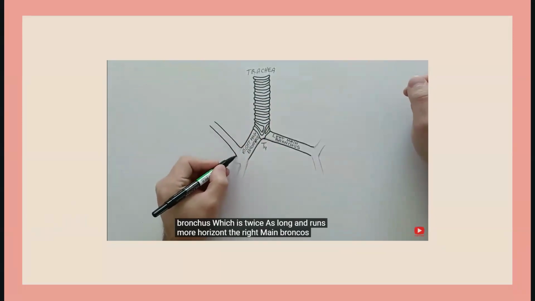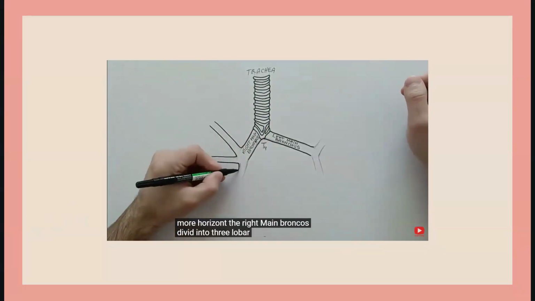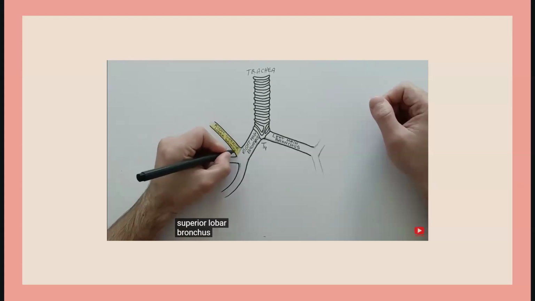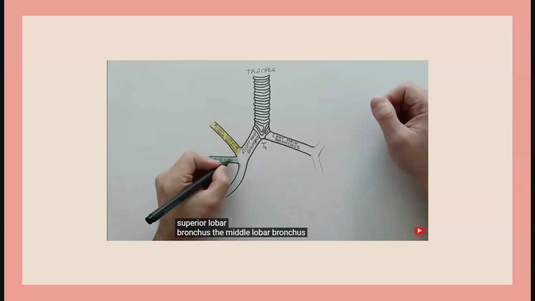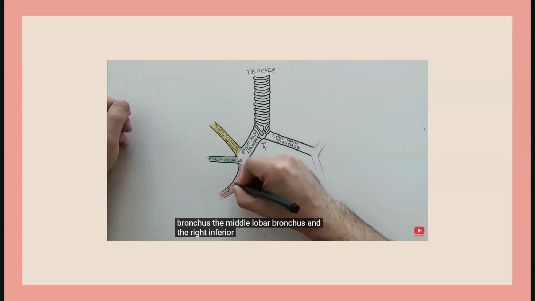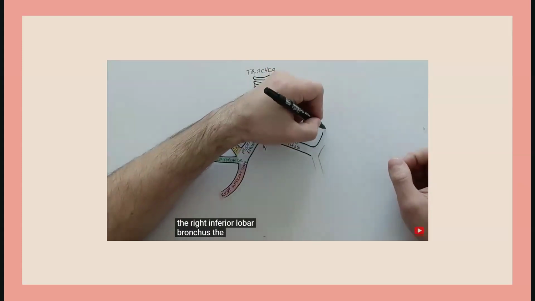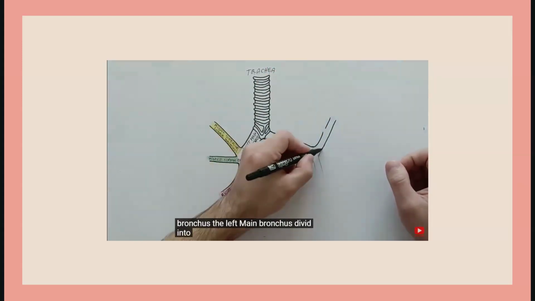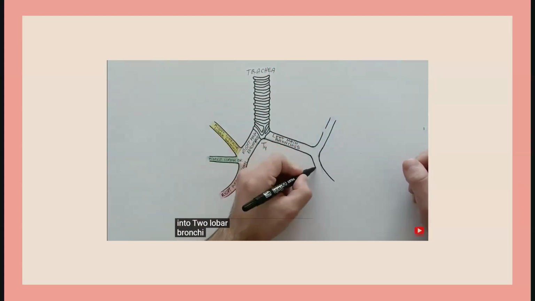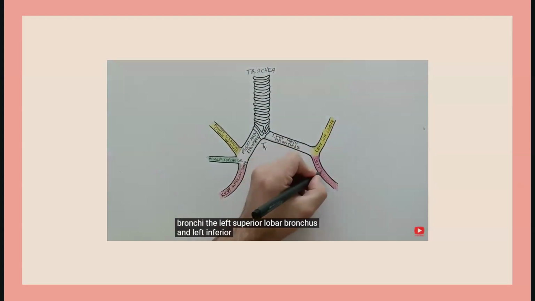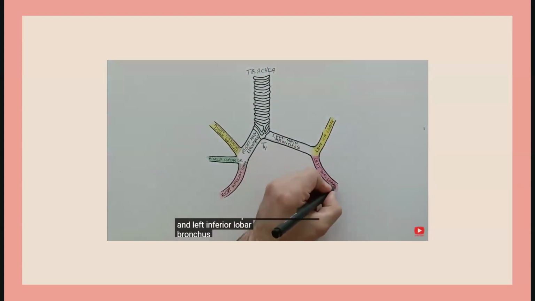The right main bronchus divides into three lobar bronchi: the right superior lobar bronchus, the middle lobar bronchus, and the right inferior lobar bronchus. The left main bronchus divides into two lobar bronchi: the left superior lobar bronchus and left inferior lobar bronchus.